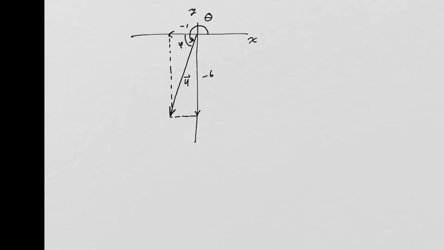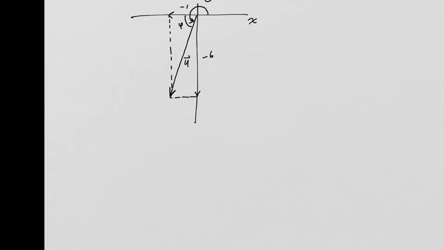Well, let me extract out the right triangle, right? The one that contains the reference angle. So I want this triangle right here, where I know that this is my angle phi. This is, well, the ux was -1, but remember when we talk about triangles, they just have positive lengths of the legs, so I can just call this 1. And then the uy was -6, so this length is just 6.